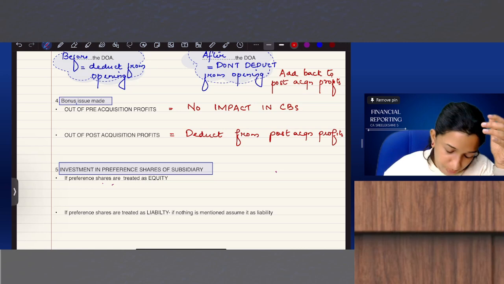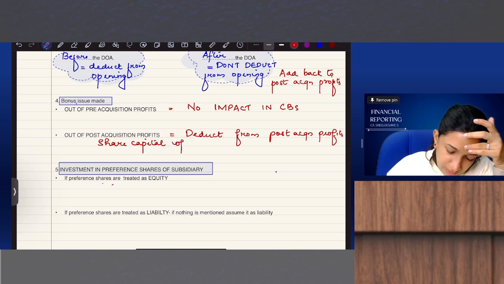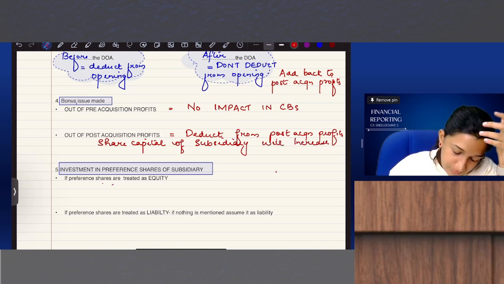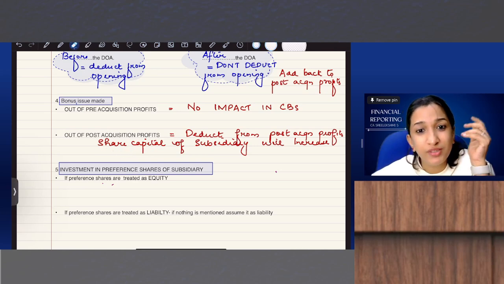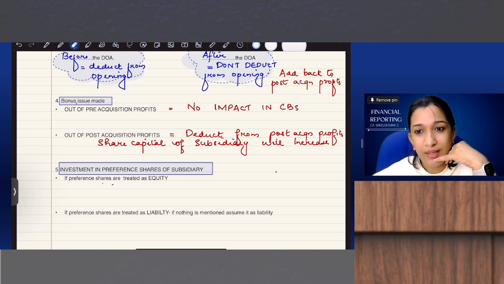Naturally there will be a corresponding effect: your NCI will change and your post-acquisition profits will change. So, of course, there will be impact.